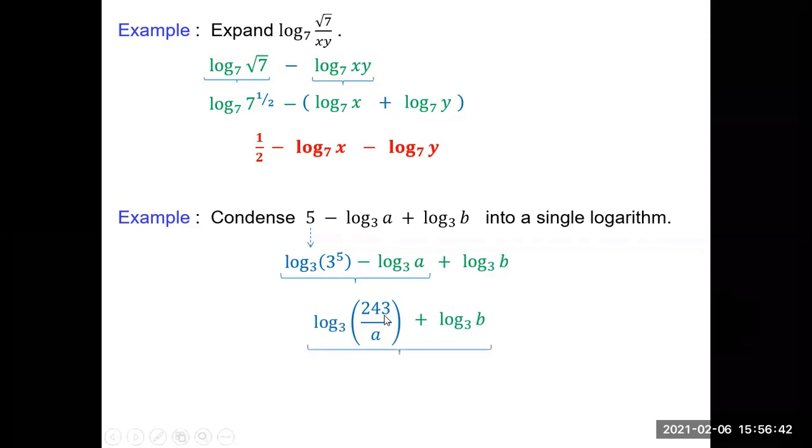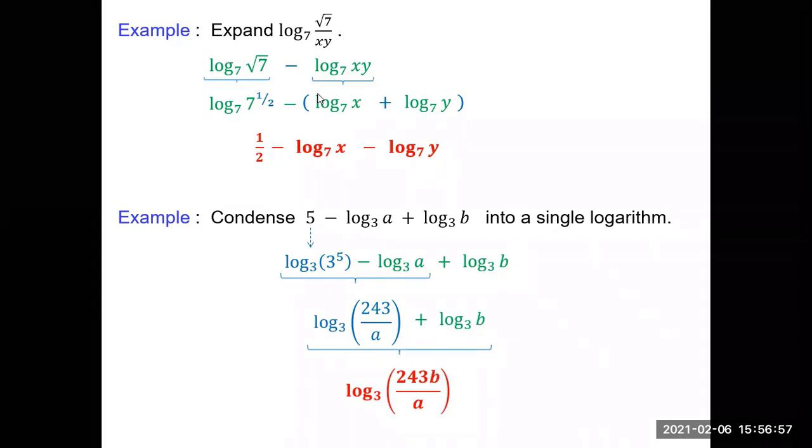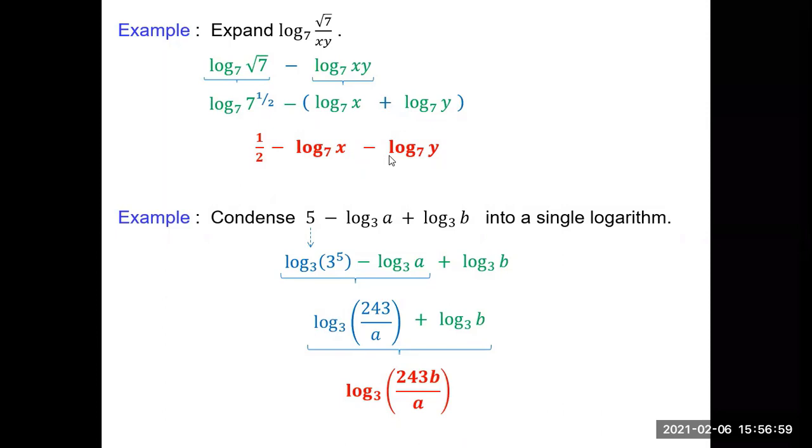And if we multiply 243 over A times B, we can simply put the B in the numerator, and therefore my final result is this single logarithm. So again, anytime we are expanding a logarithm, we're breaking it up into multiple terms. But by condensing a logarithm or an expression with logarithms, we're combining it into a single logarithm.